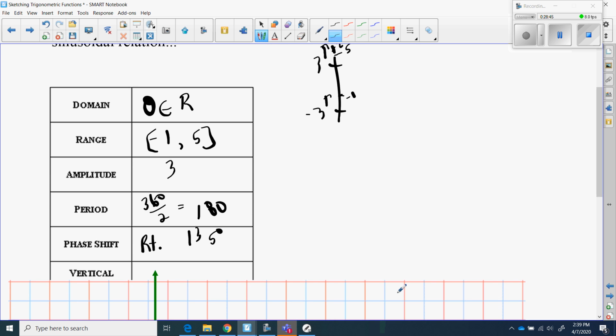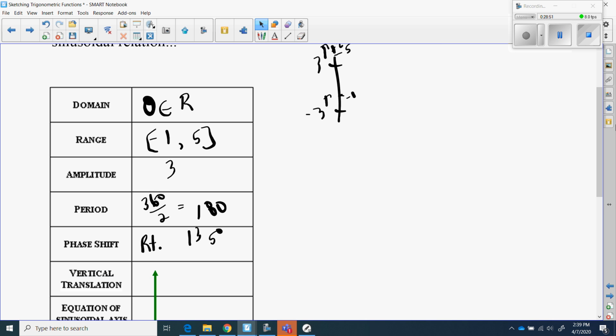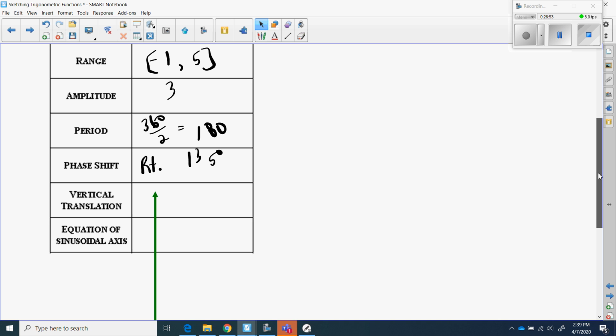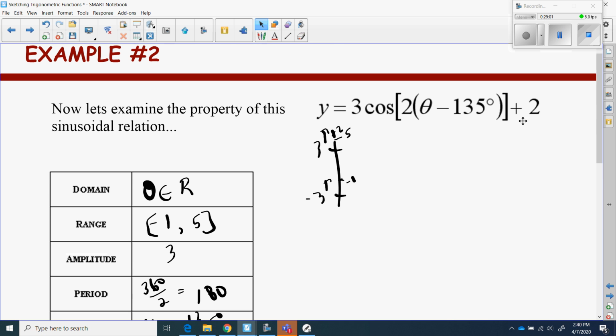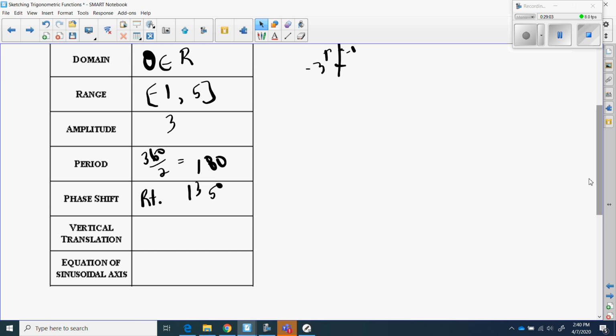And what's going on here? Not that though. Let's get rid of this. Our vertical, I don't want this either. Our vertical translation, go up here, is up 2 units. So this is up 2 units.